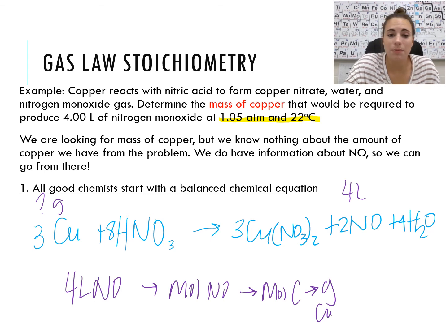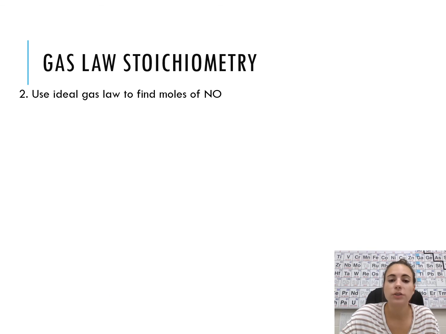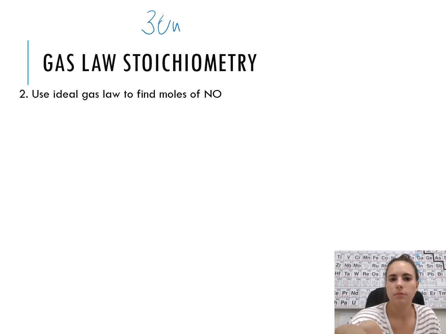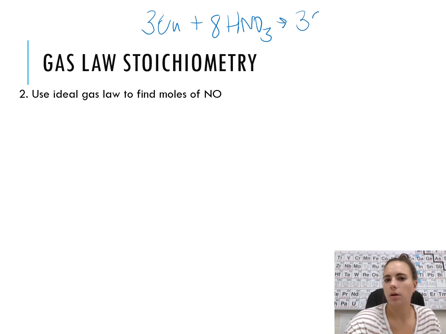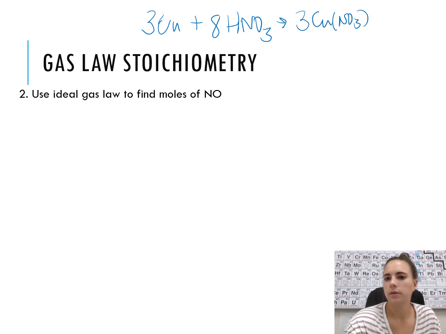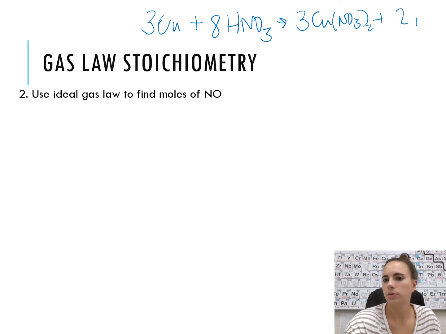Now, I'm not at STP, so for this conversion right here, I cannot use 1 mole is equal to 22.4 liters. So instead, I'm going to use the ideal gas law to find the moles. So real quickly, I'm going to rewrite my equation up here: yield 3 copper nitrates plus 2 nitrogen oxides plus 4 waters.